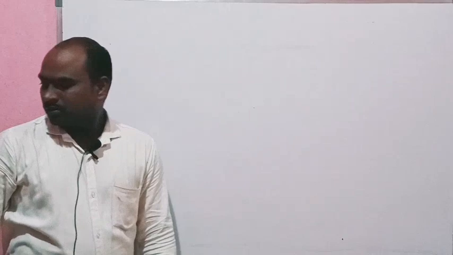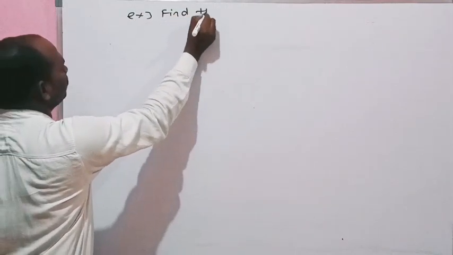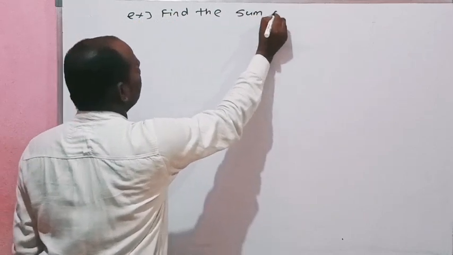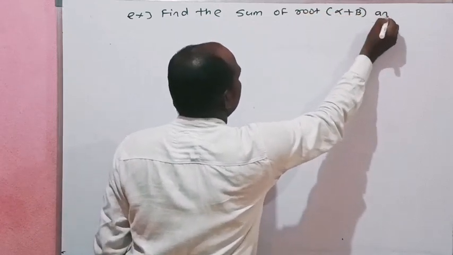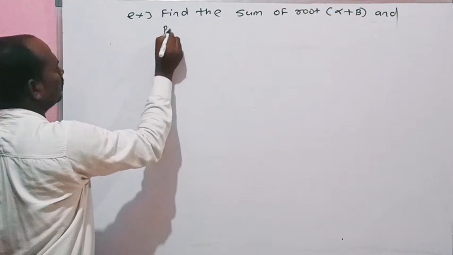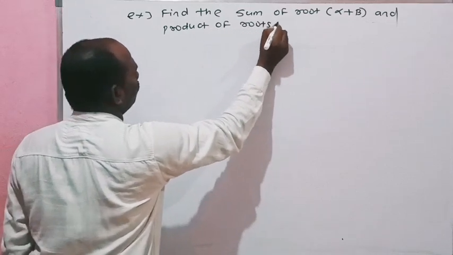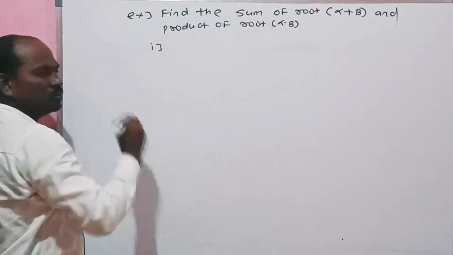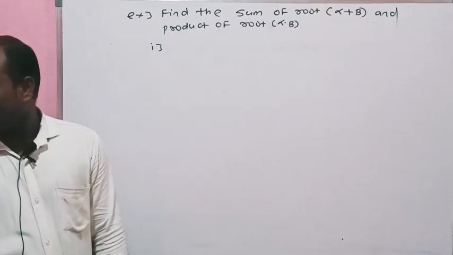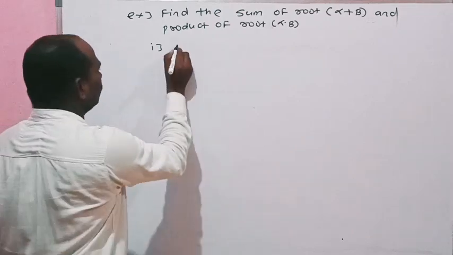Now find the sum of roots, that is alpha plus beta, and the product of roots, alpha dot beta. The first example is 10x square plus 10x plus 1 equal to 0.